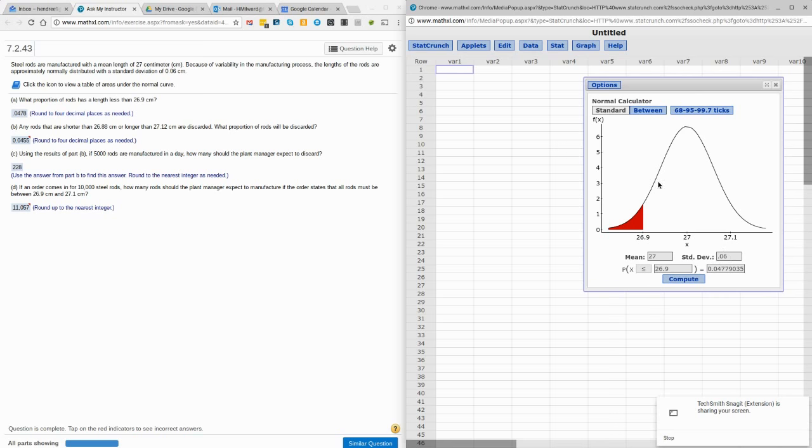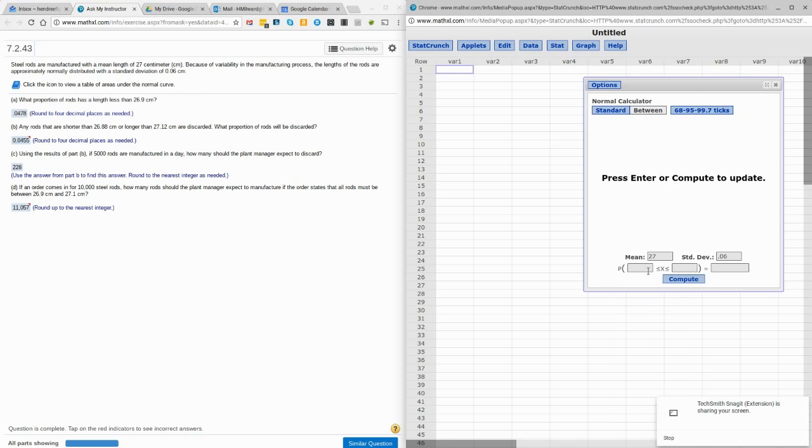The problem is that if you use the standard tab, you're finding the probability of a wing above or a wing below, depending on which way you face. You see where the red shading is? I'm either getting the probability of getting below 26.88, or the probability of getting above.